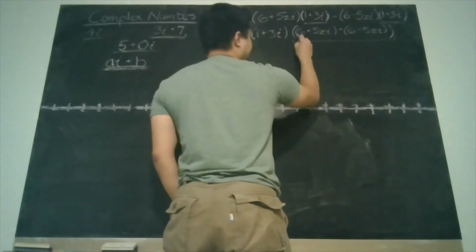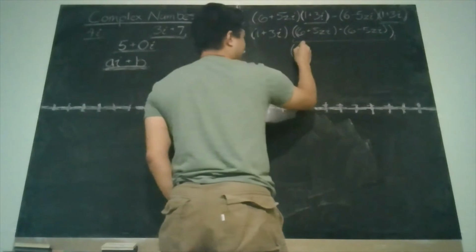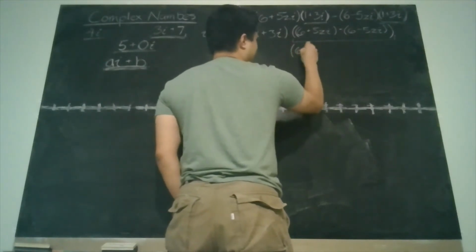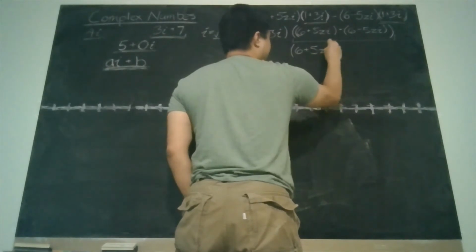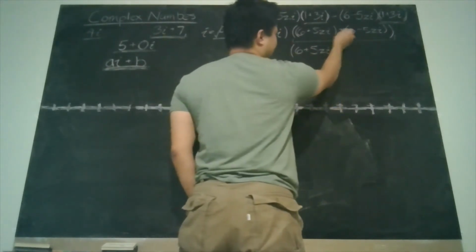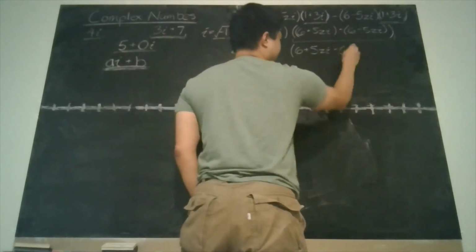So what does it mean when a minus sign is outside of the parentheses? It means that you're multiplying everything by -1. And so what you can do is say -1 times 6 is -6.